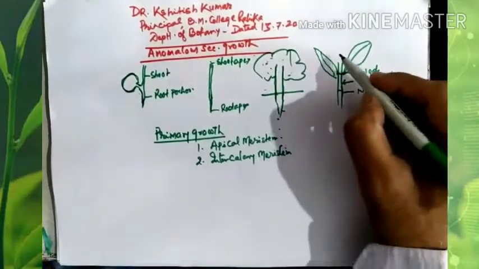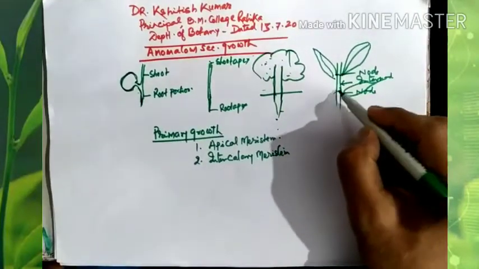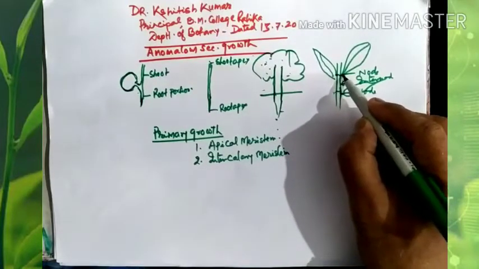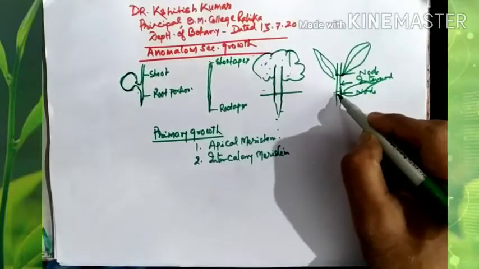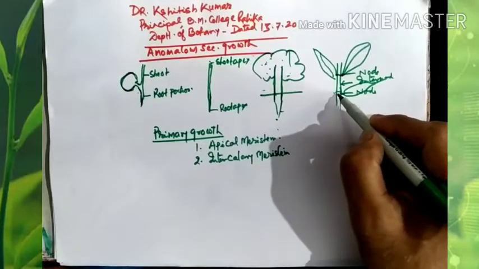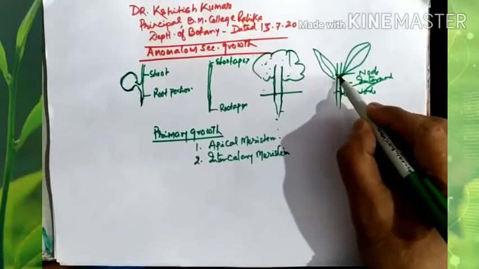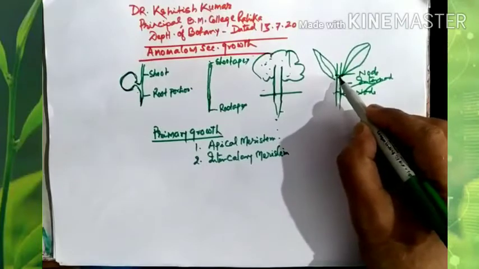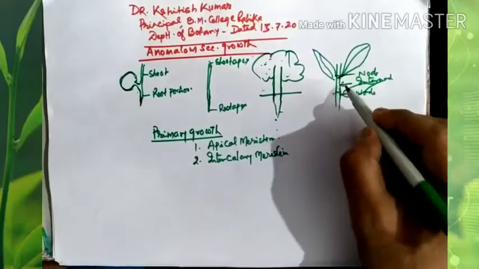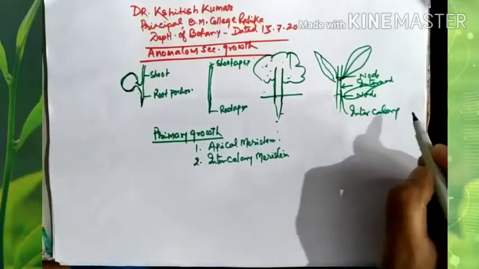So a second type of meristem is found at the portion of the leaf bases, just beneath the internode. This type of meristem, which is found just below the internode or at the base of leaf, is known as intercalary meristem.